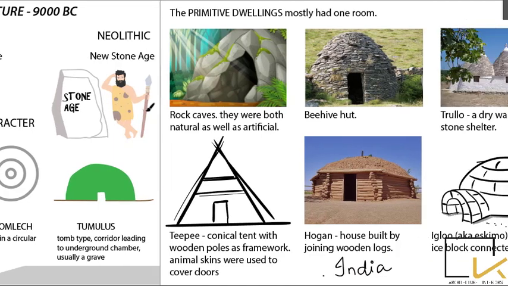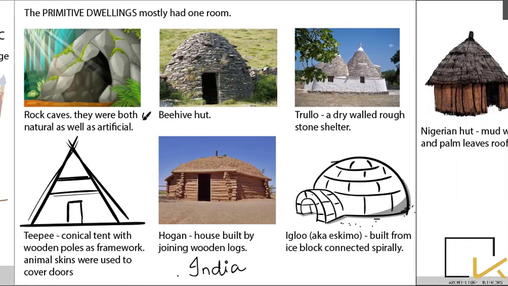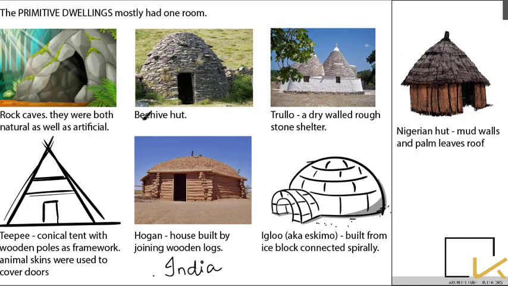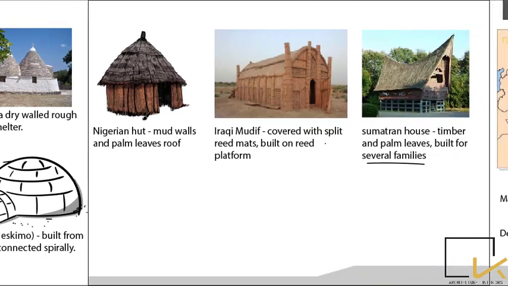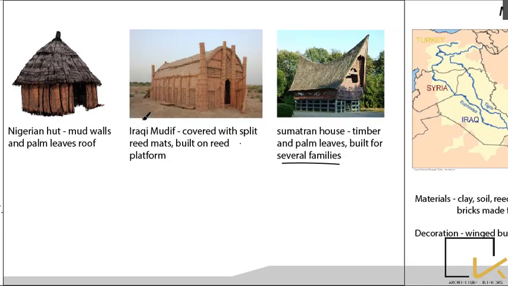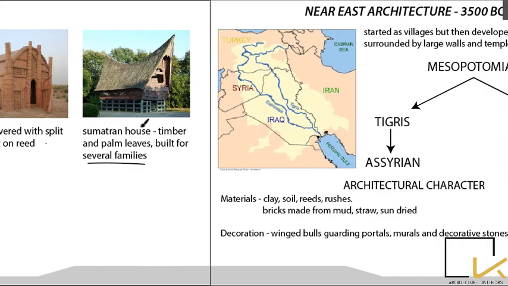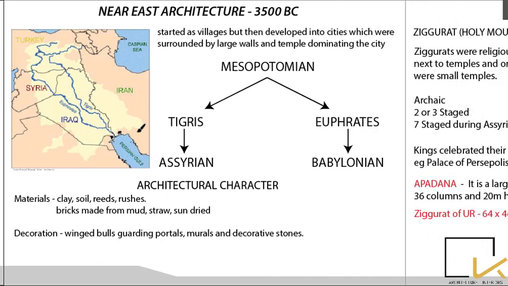Then we saw primitive dwellings: rock caves, beehive hut, trullo, teepee, hogan, igloo, Nigerian hut, Iraqi Mudif, and at last the Sumatran house, which was for joint families. So this was about prehistoric architecture. Next we will see Near East architecture, which developed around 3500 BC.